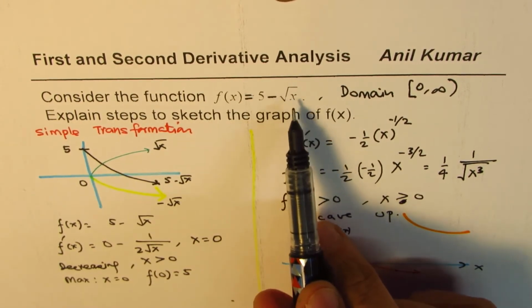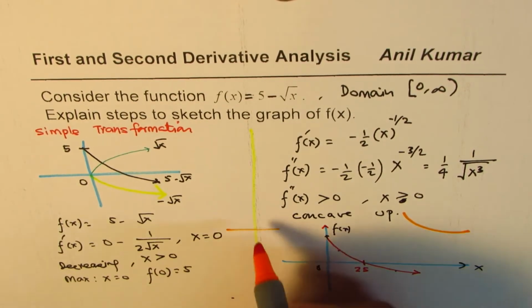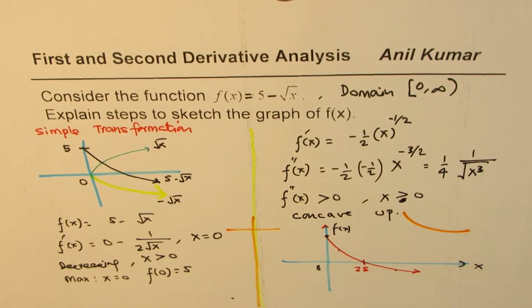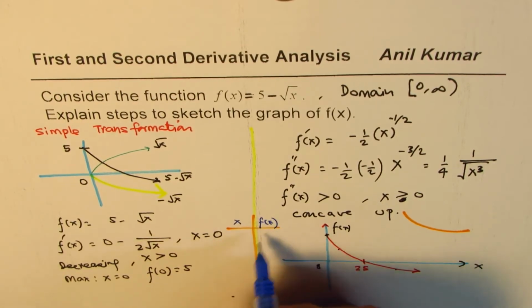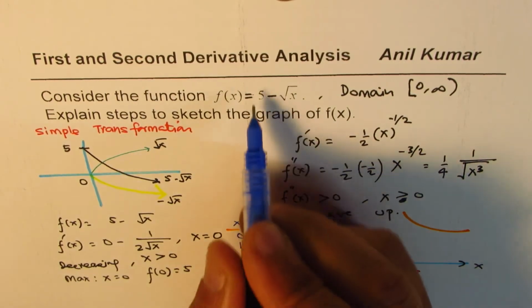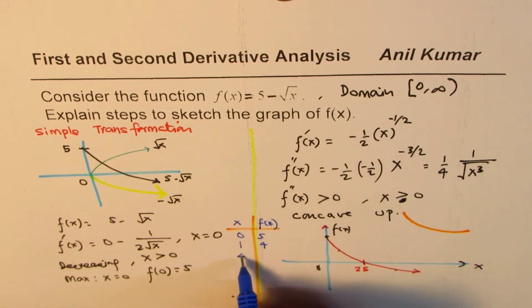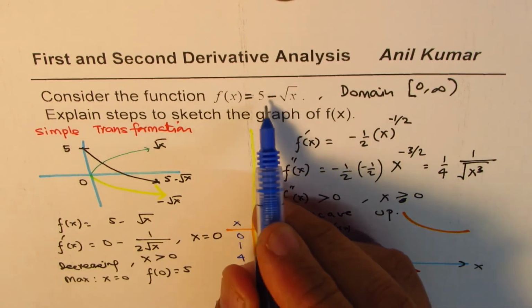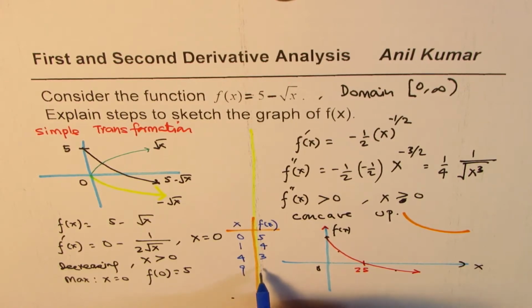So if you use x equals 0, then let me just make a table here. What you can do is take some values for x and calculate f of x. For example, at 0, the value will be 5. If I take x as 1, it will be 5 minus 1, which is 4. If I take a value like 4, square root of 4 is 2, it will be 3. For 9, it will be 5 minus 3, which is 2.